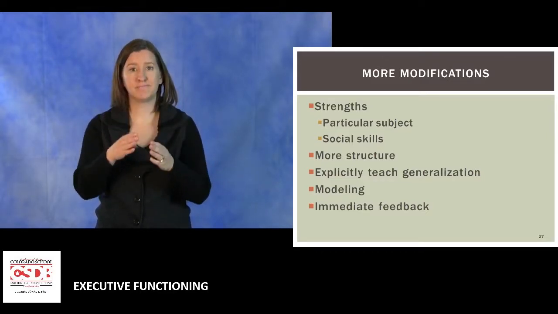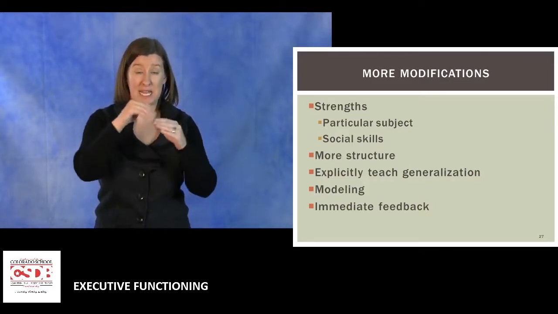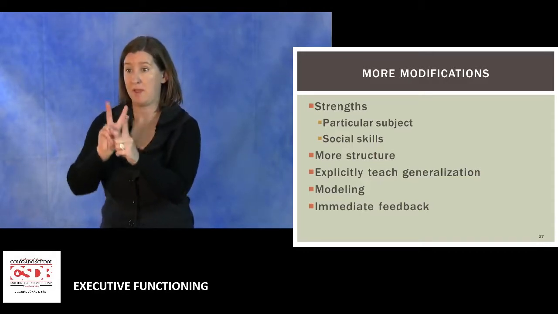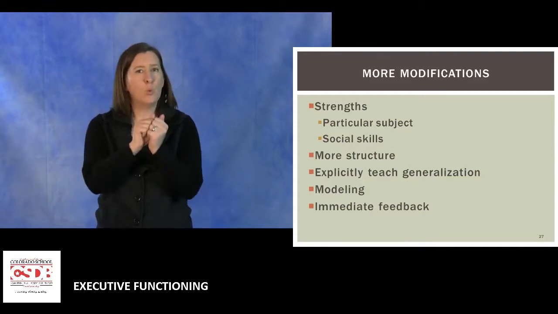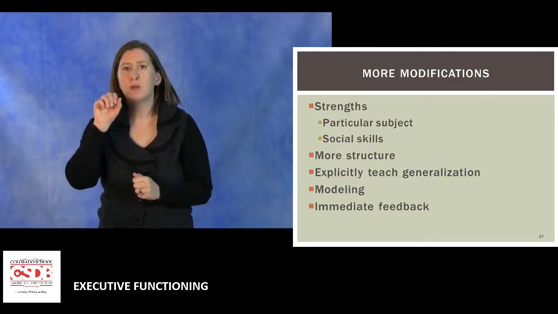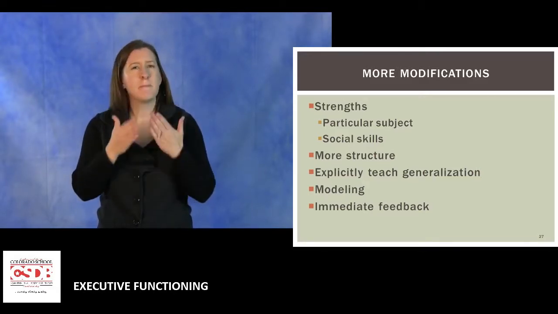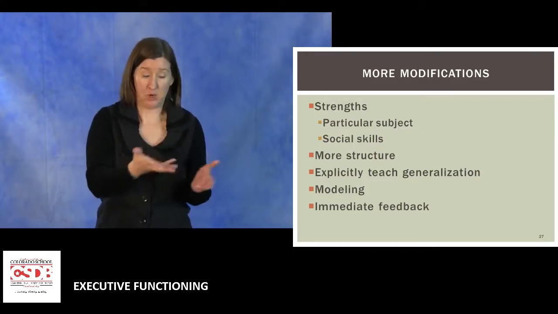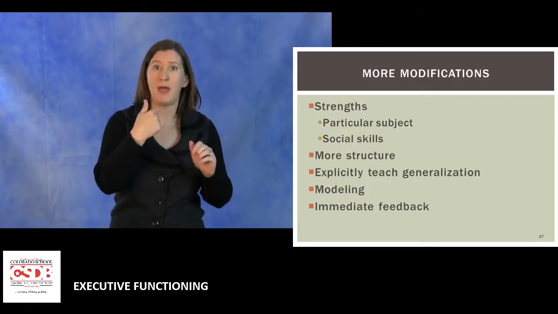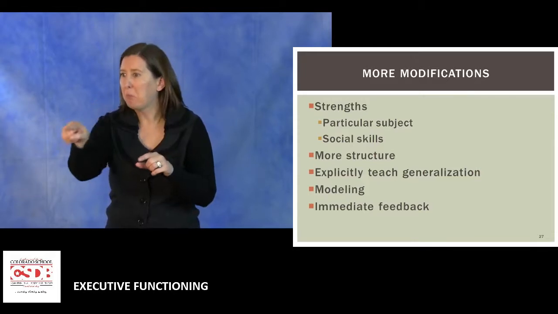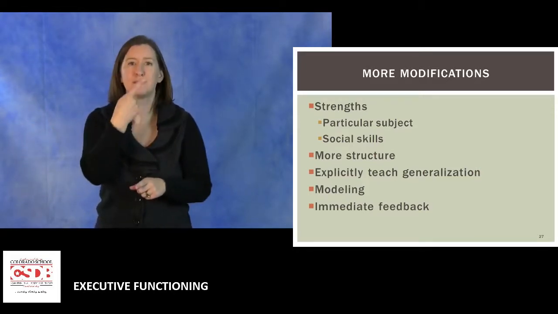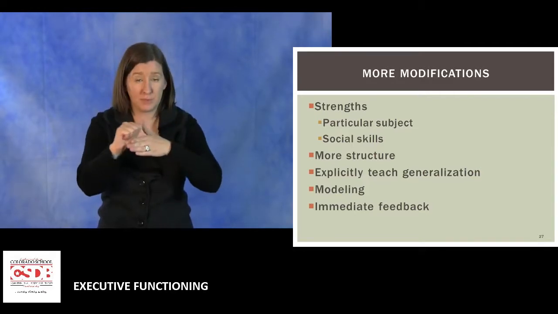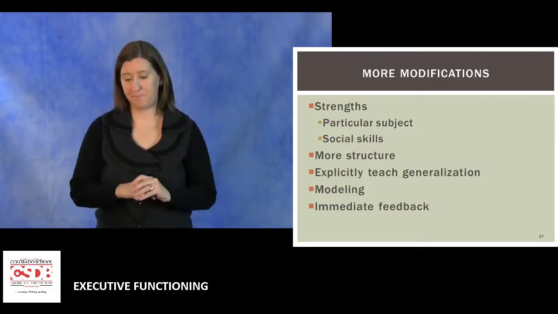You may have to teach one skill in the classroom and then apply it in different situations. Some students with disabilities may not realize that what we do in the classroom, they have to do in other locations too. So you have to tell them, teach them, and practice in different areas.